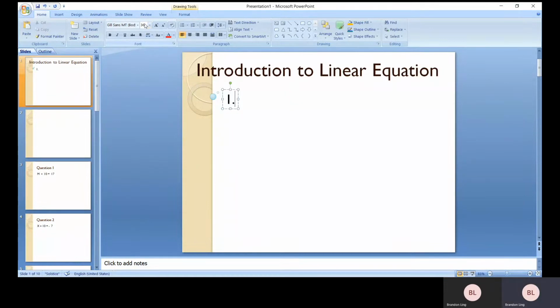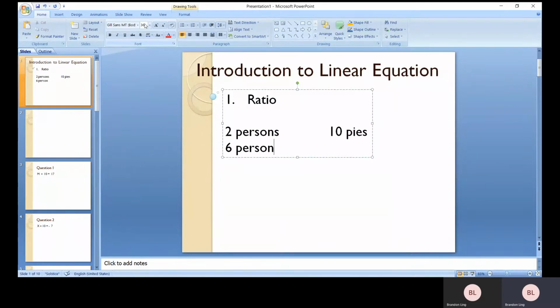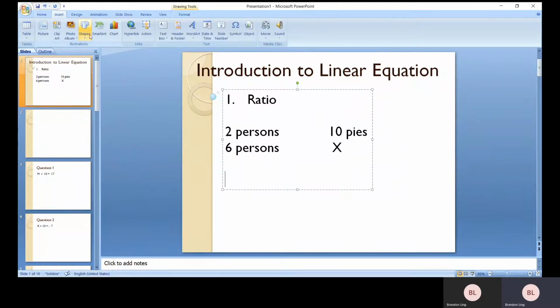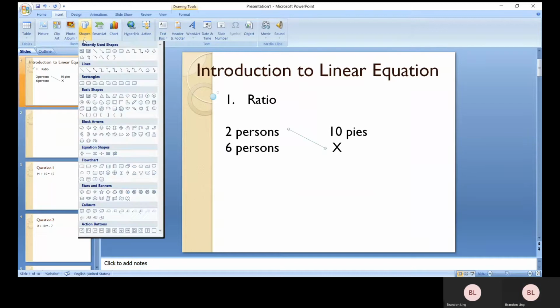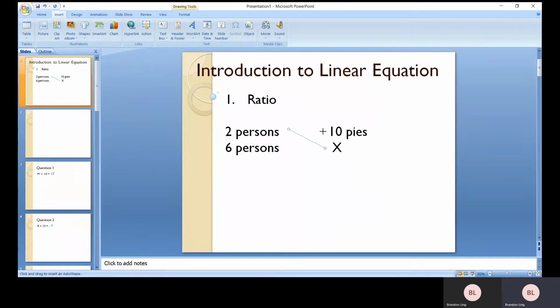For example, let's say you have a ratio question: two persons can take 10 pies. So what if we have 6 persons? How many pies can we take? You can actually use the cross multiplication method to solve this ratio using a linear equation.